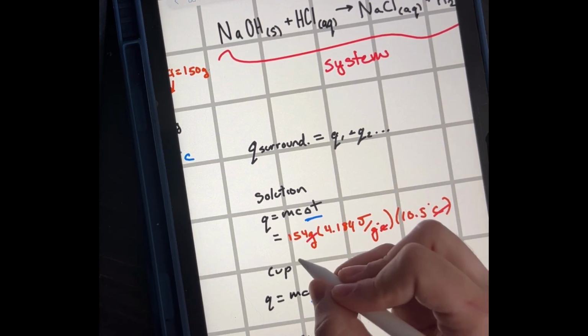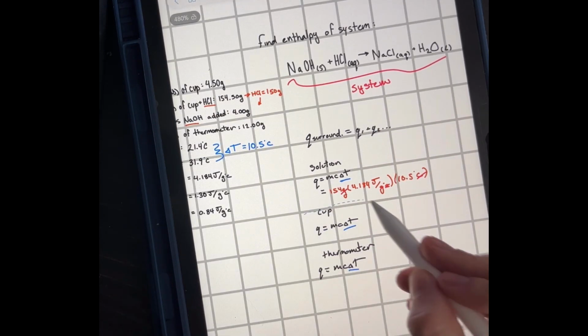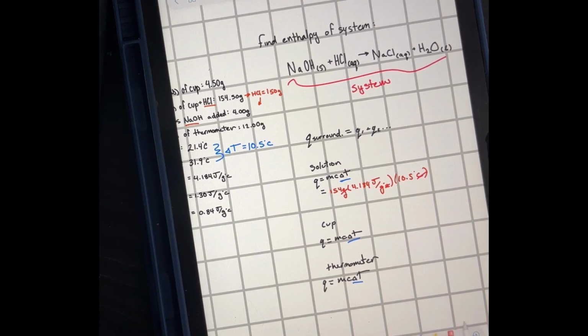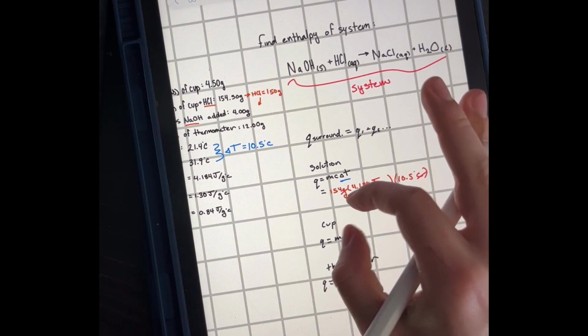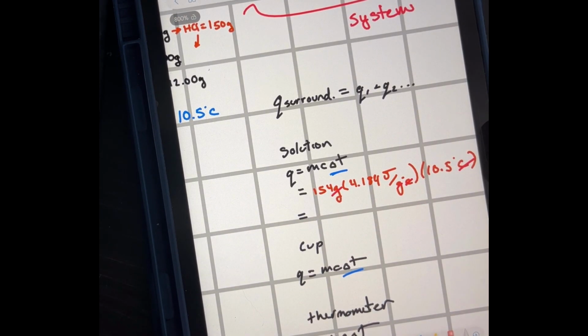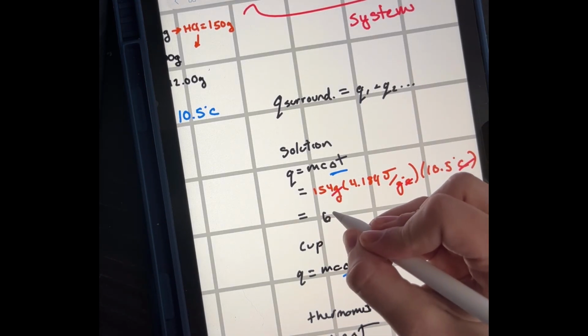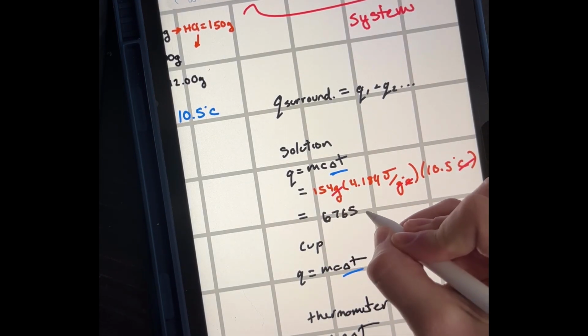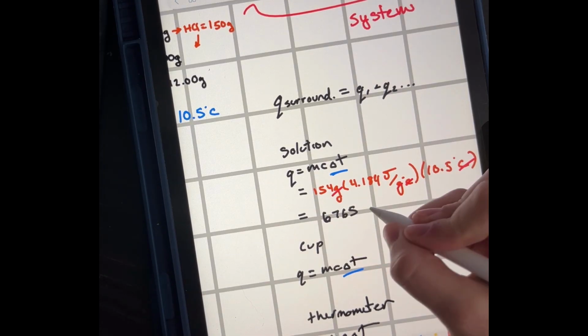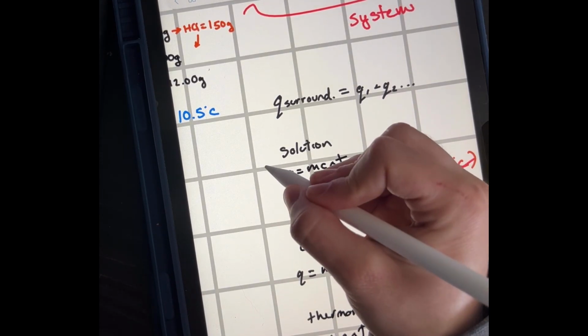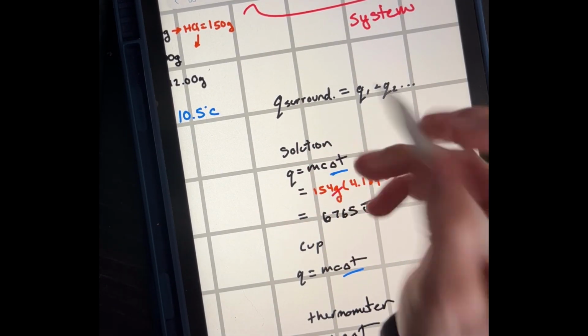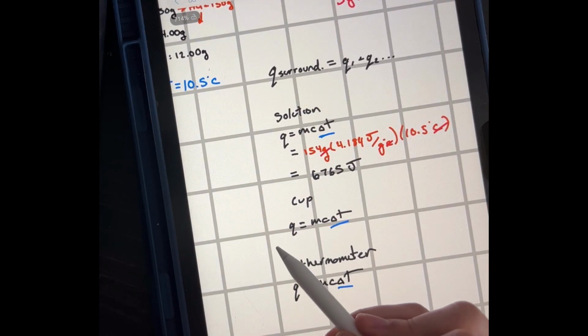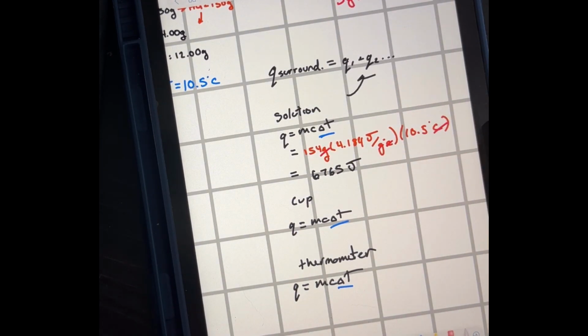So we're going to be left with, hold on, I need to just move this down. And we're going to be left with 154 times 4.184 times 10.5. We're going to be left with 6,076.5 joules. That's just part one. So this is one part of our surroundings. Then we're going to find each part and add them all up together.